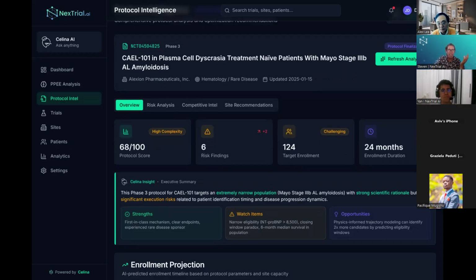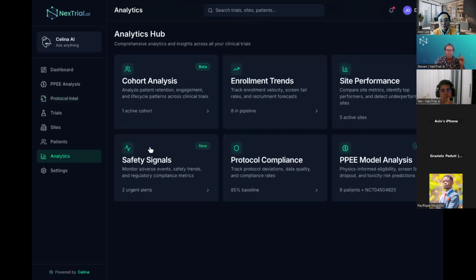And here's what makes the protocol uniquely challenging: patients who cross that threshold aren't getting more eligible, right? They're getting sicker. Cardiac function is declining, and that creates what we call the closing window paradox. So let me jump over here and show you that trajectory analysis.